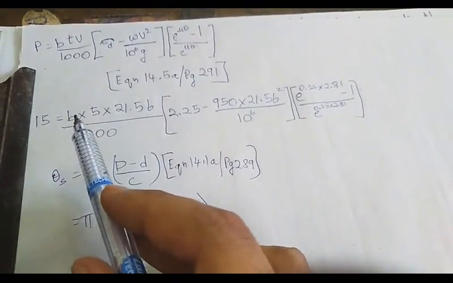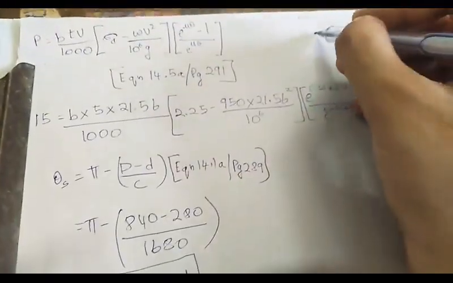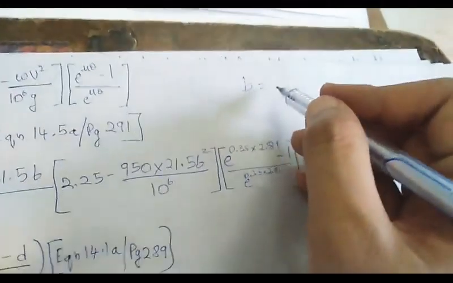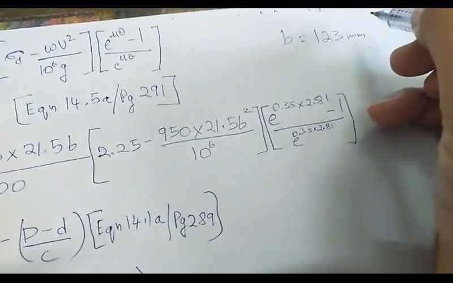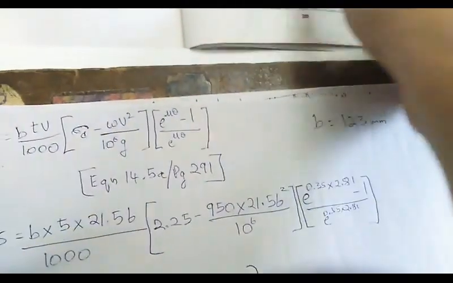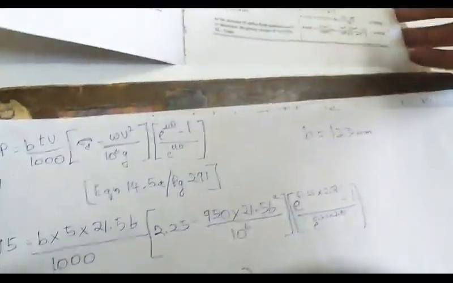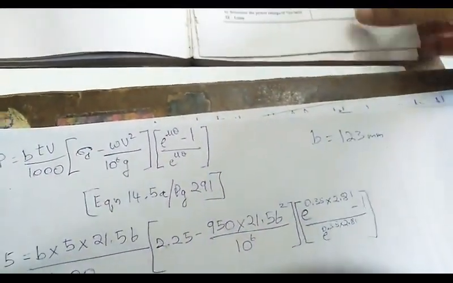Here width we are going to find by using this formula. So the value of width which we will get is 123 mm. So we have a standard table for width. We shall take standard value from that.